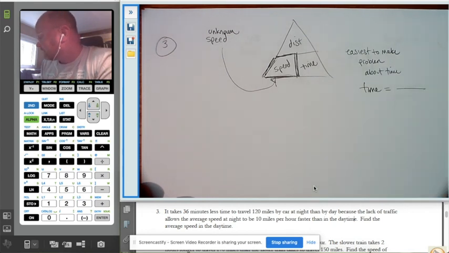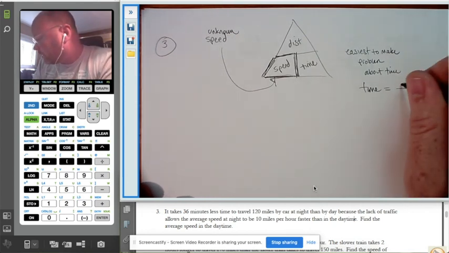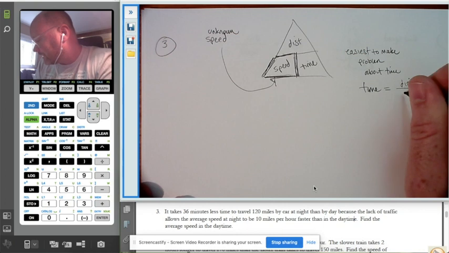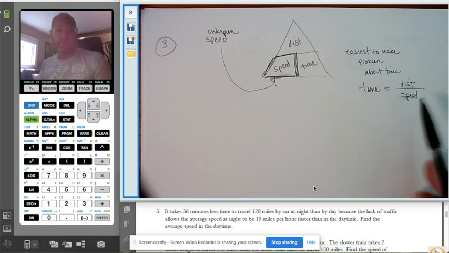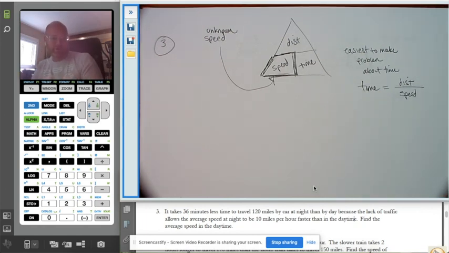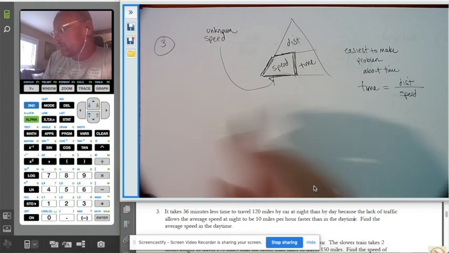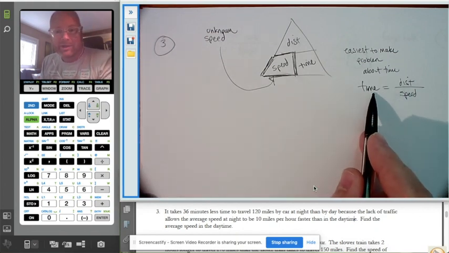For both cases, we're just going to take the distance and divide by speed. That puts our unknown quantity in the denominator, and that's the whole point, right? We're solving rational equations, so the unknown quantity is going to be in the denominator. This helps you orient yourself around the problem. So I'm going to think about adding or subtracting times.